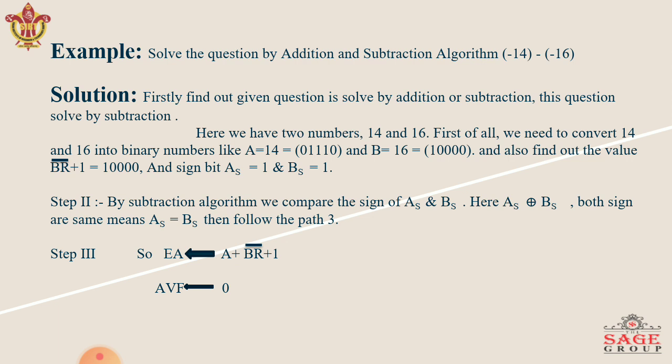Just simply follow the algorithm's path. Now in step number 3, what operation do we perform here? So we perform A plus B bar plus 1. It simply means we add the value of 2's complement of B to A and store the value in A including E, and AVF goes to 0. So let's just check.